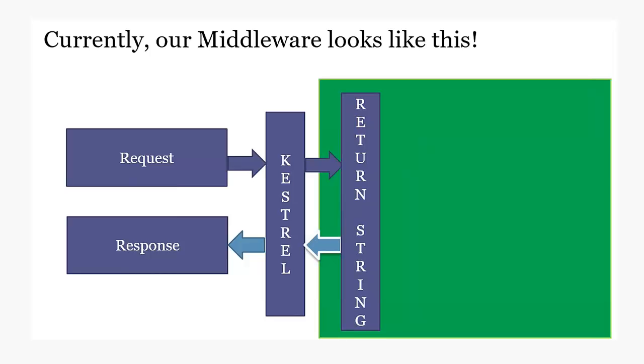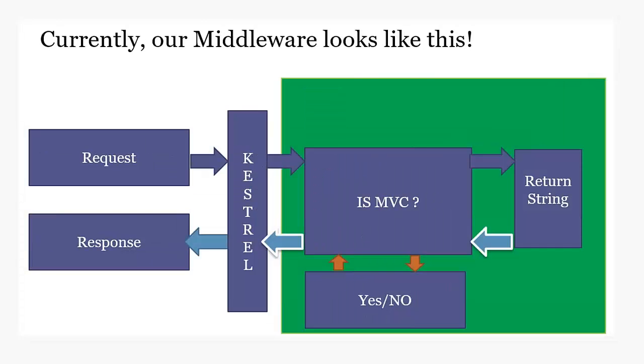The very first thing we did was return a string from there, and that is where Kestrel was working. Then we tested whether that app is an MVC app or not. If yes, then return that string from the controller itself.